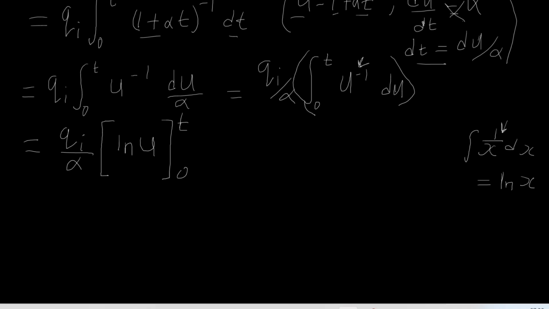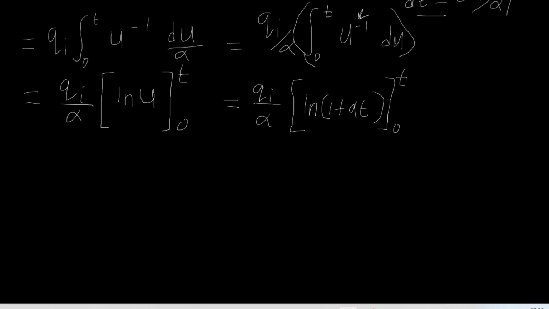Before we can implement our boundary, we have to substitute back the values that we had here. So we have qi over alpha times the natural log of 1 plus alpha t, bracket close, from t to 0. From here, we can implement our boundaries.